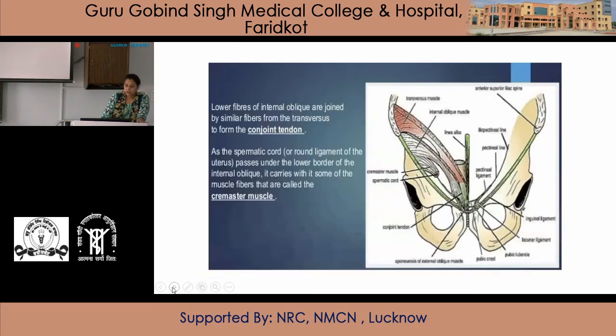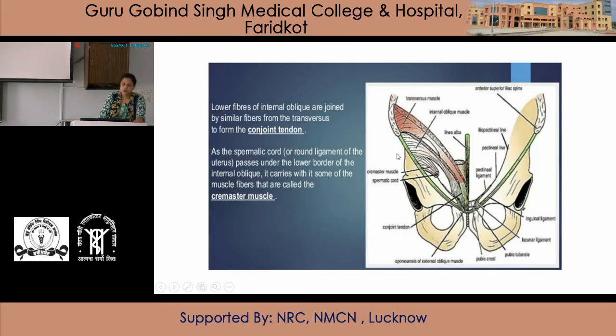The lower fibers of the internal oblique are joined by similar fibers of the transversus abdominis muscle to form the conjoint tendon. As the spermatic cord passes under the lower border of the internal oblique, it carries with it some of the muscle fibers that are called the cremaster muscle.